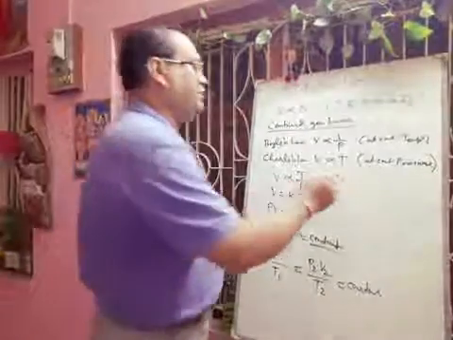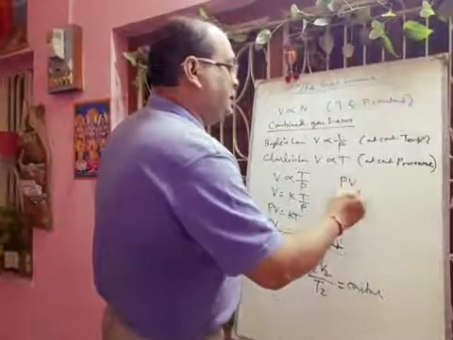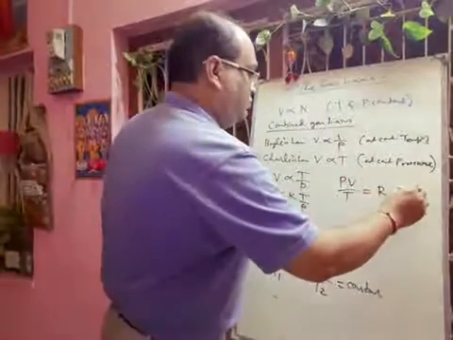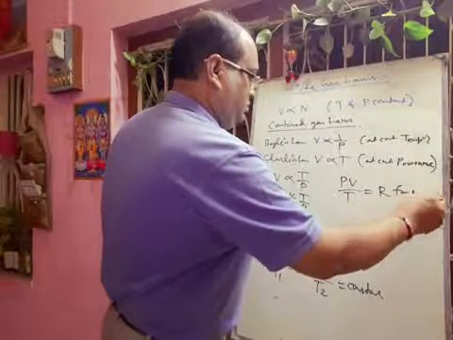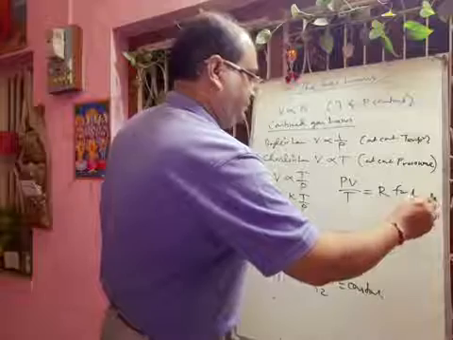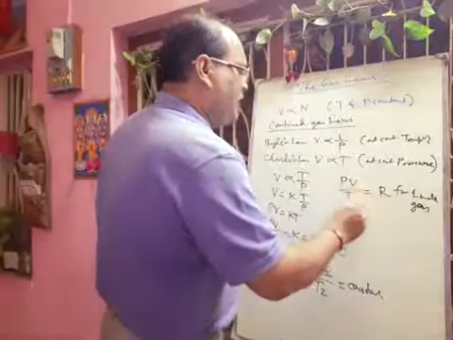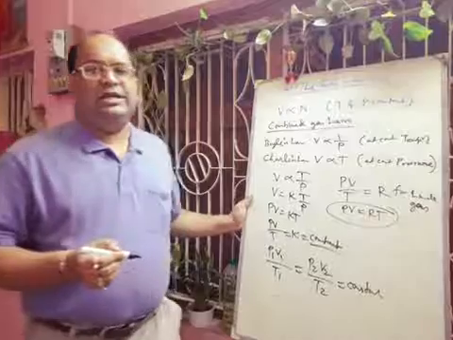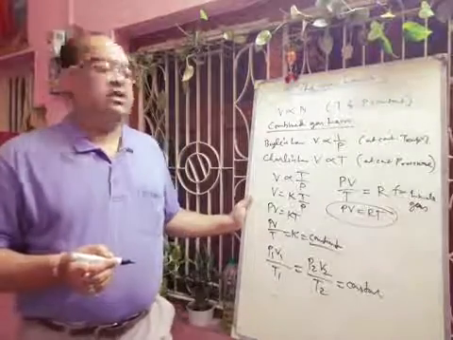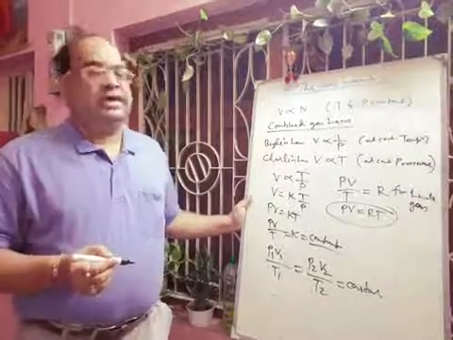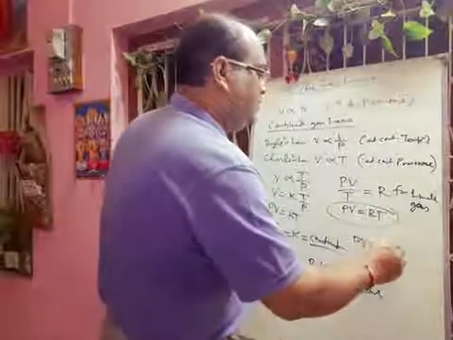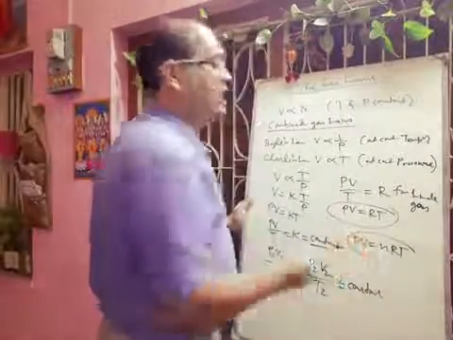So from here you can write PV by T is equal to R for 1 mole gas. So we can write PV is equal to RT, and this equation, PV is equal to RT, is called the general gas equation. If there is n mole gas, then we can write PV is equal to nRT. This is for n mole gas.